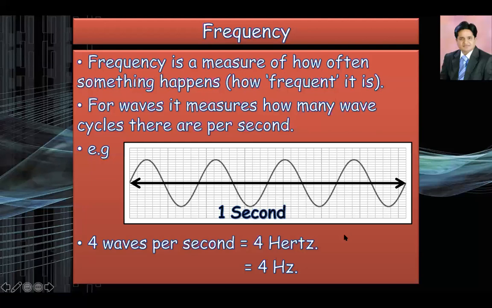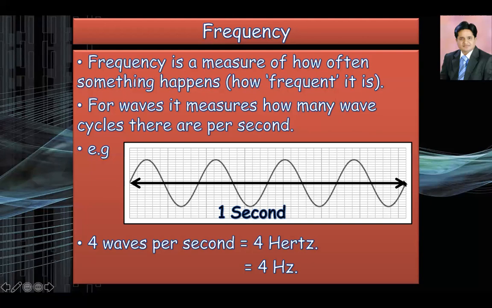Now, sometimes you might be given graphical questions, and you might be asked to read the graph and calculate the frequency. If you look at this graph and they say this entire thing happens in 1 second, you see one wave, then two, then the third, and then the fourth.